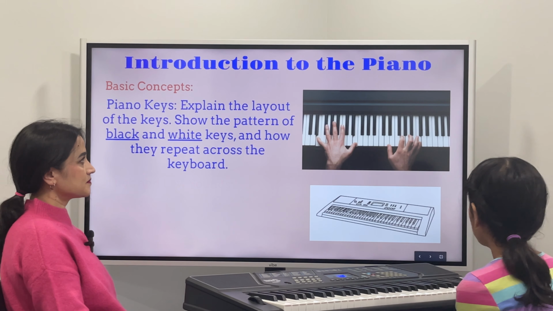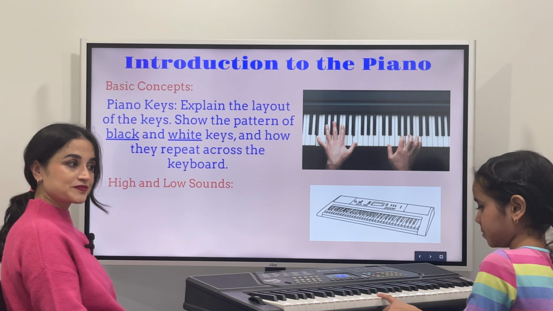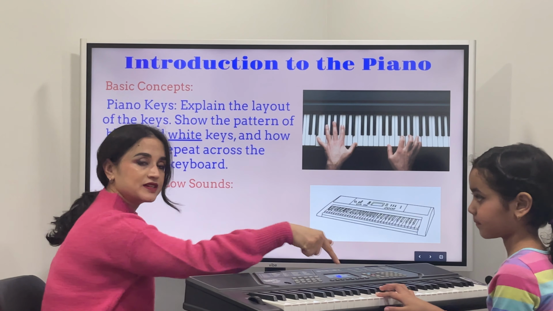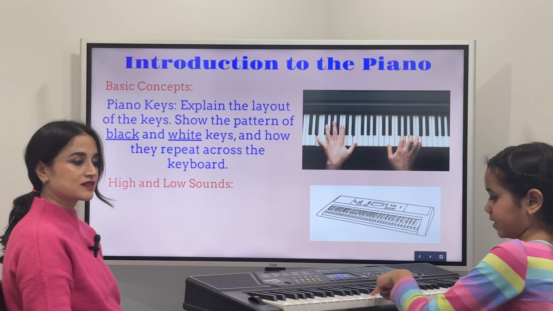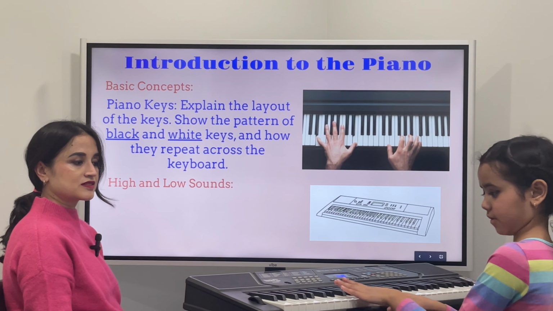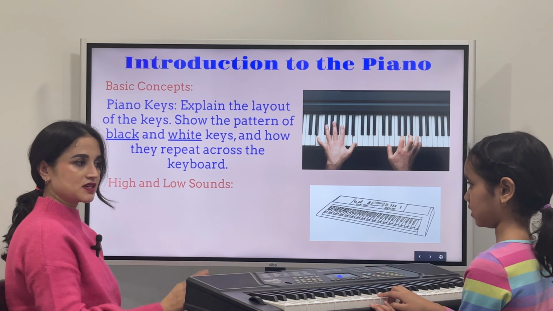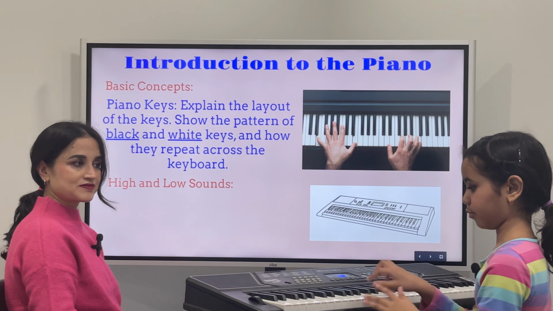Okay, what else? High and low sounds. This is middle C. From middle C, this side is all the low sounds. This is your left-hand side, so you don't use your right hand over here.